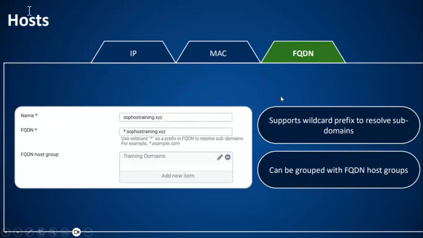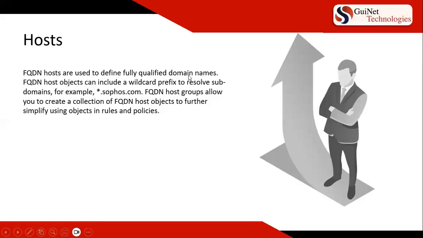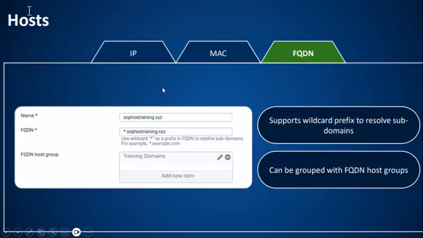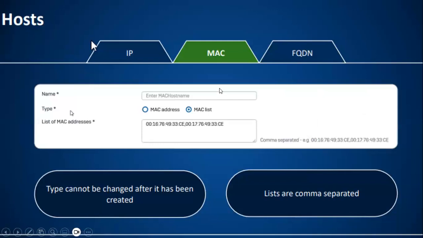You have to go to FQDN, firewall पे FQDN का टैब होगा, वहाँ पे क्लिक करना है, क्लिक ऑन ऐड. तो जैसे ही हम ऐड करते हैं, then you will get these options. ओके, जो हमने मैक में दिया, once you click on MAC address, MAC host and click on add on the firewall rule, आप ऐड के बटन पे क्लिक करोगे तो आपको मैक एड्रेस का ऐड करने का ऑप्शन मिलेगा और it will come up like this.